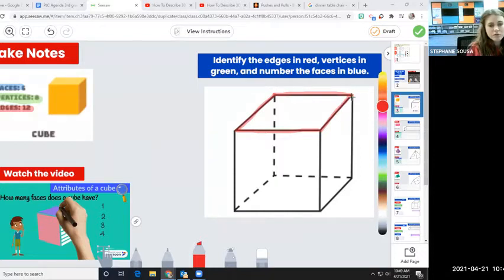We're going to also trace the edges that are going down this cube all the way around.